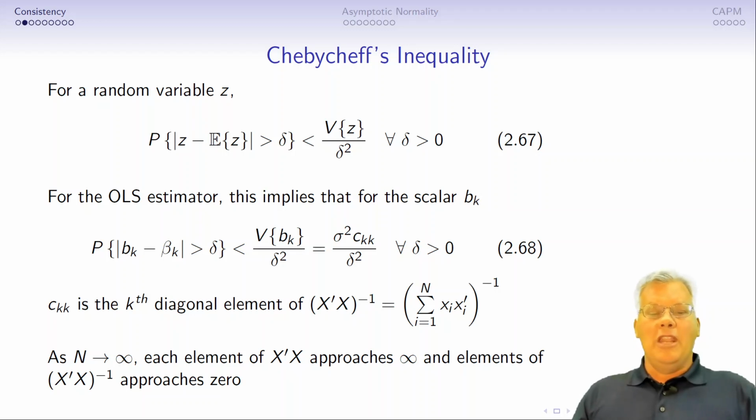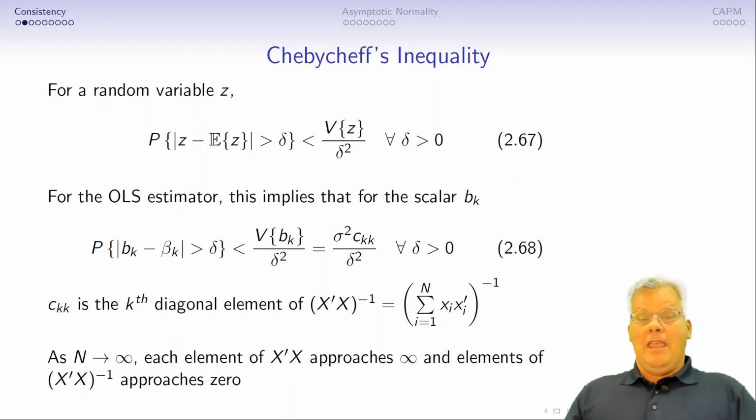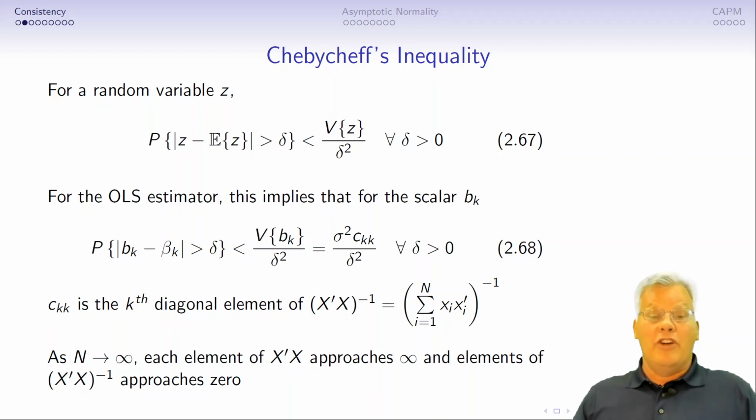The probability that the deviation of b sub k from its true population parameter is greater than some delta must be strictly less than the variance of b sub k divided by delta squared, for all delta positive. Now, the variance of b sub k is given in equation 2.68. We've covered it already.